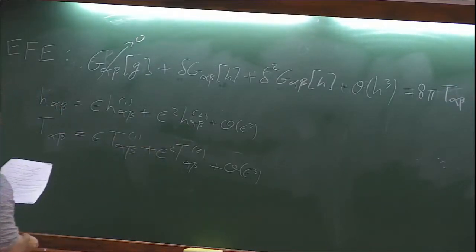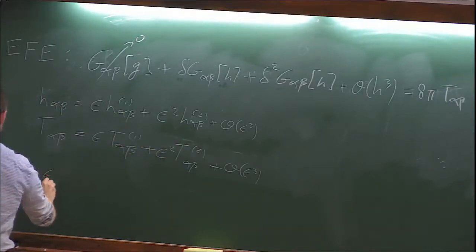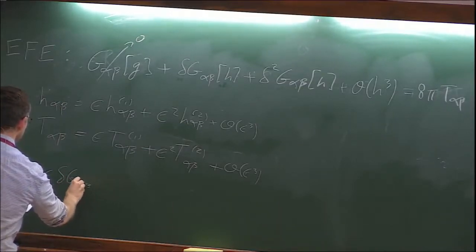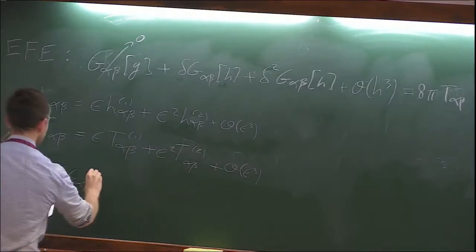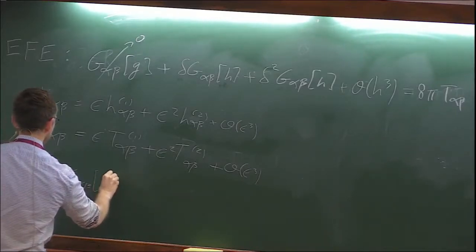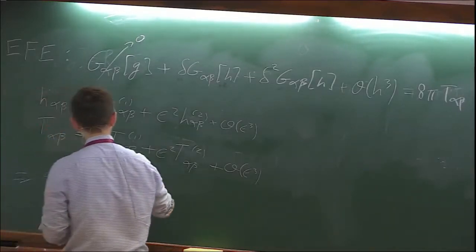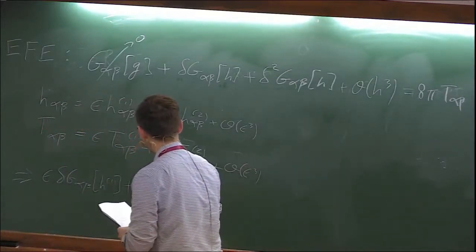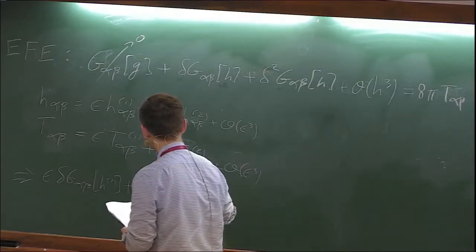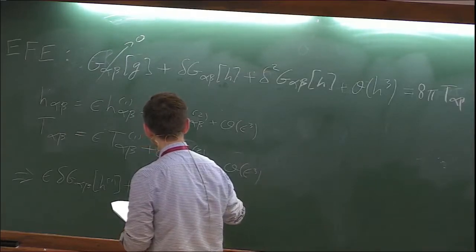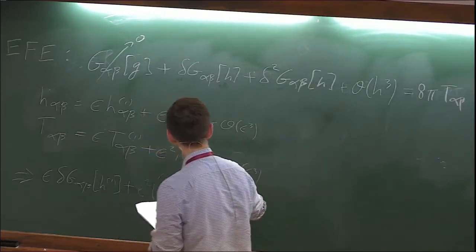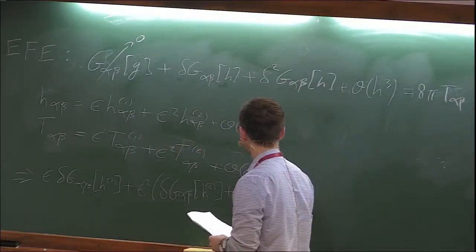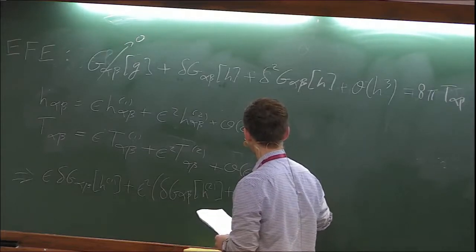So the general structure we have is epsilon times the linearized Einstein tensor constructed from h1 plus epsilon squared times the linearized Einstein tensor constructed from h2 plus this quadratic term, delta squared g, constructed from h1.